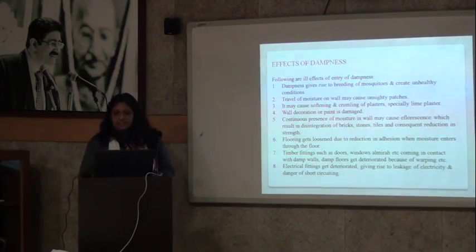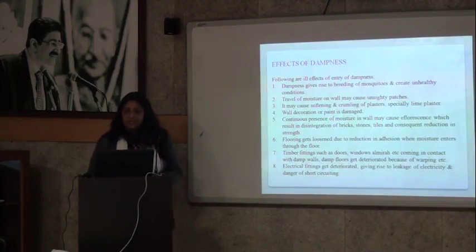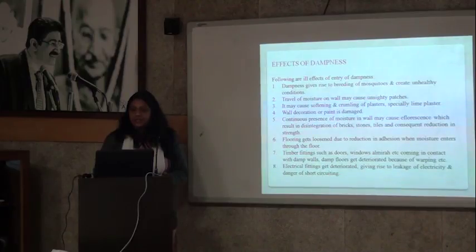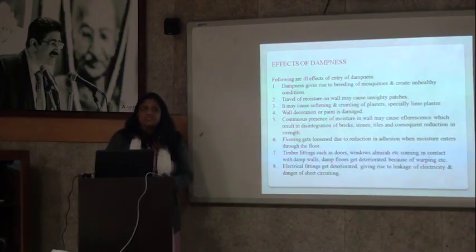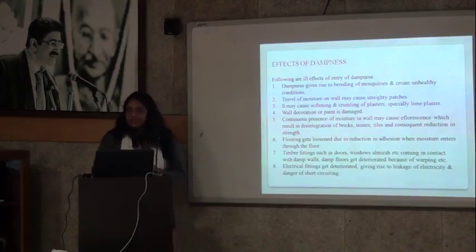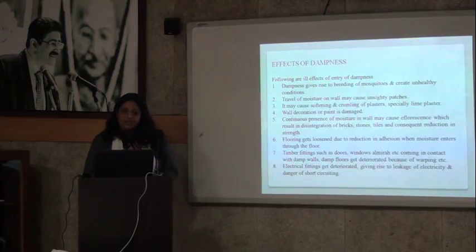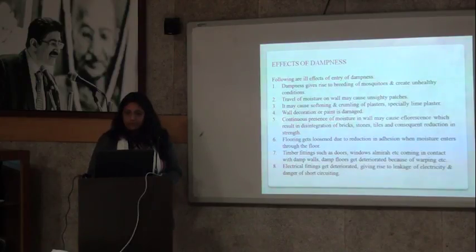Continuous presence of moisture in walls may cause efflorescence, which results in disintegration of bricks, stones, tiles, and consequent reduction in strength. If moisture is continuously present in the walls, then the basic structure like bricks, stones, tiles, everything starts disintegrating, and the strength of the structure gets deteriorated. Flooring gets loosened due to reduction in adhesion when moisture enters through the floor.